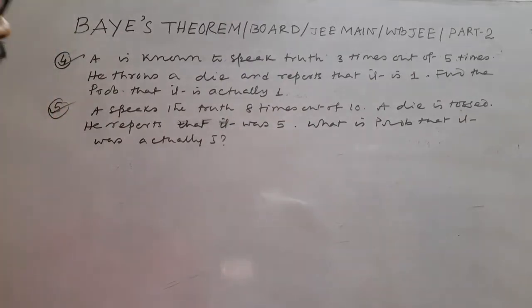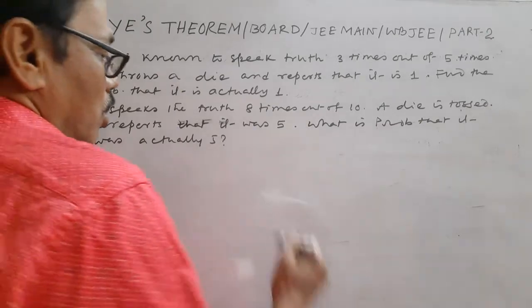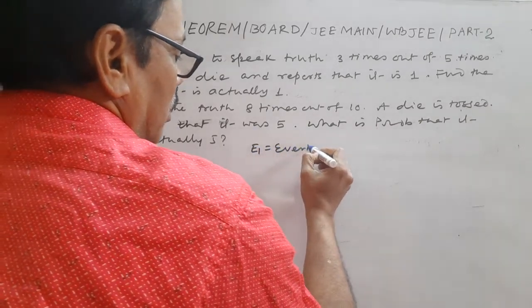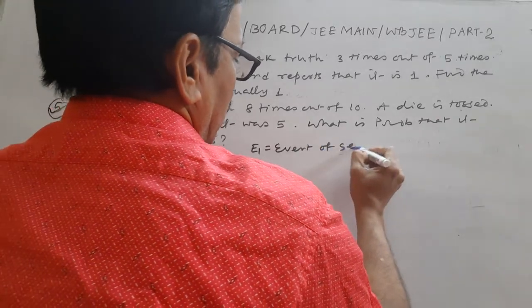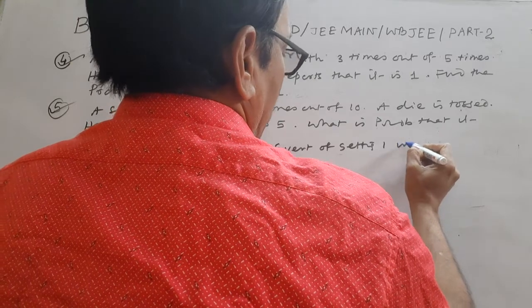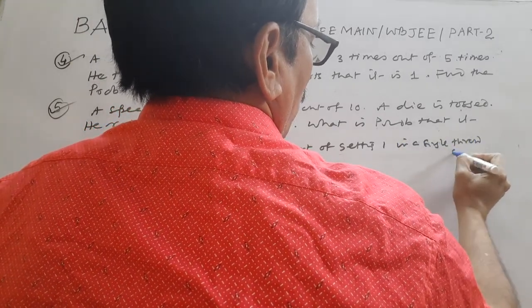So here we have to define two events, E1 and E2. E1 is the event of getting 1 in a single throw of a die.